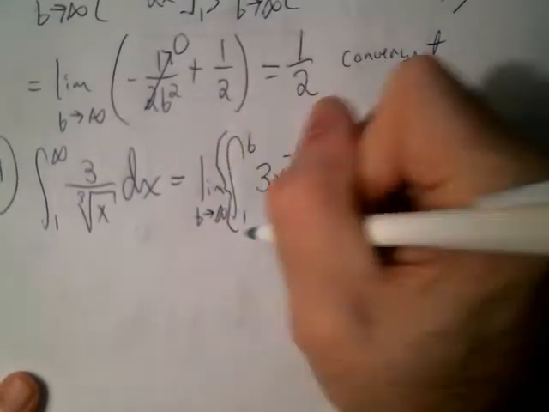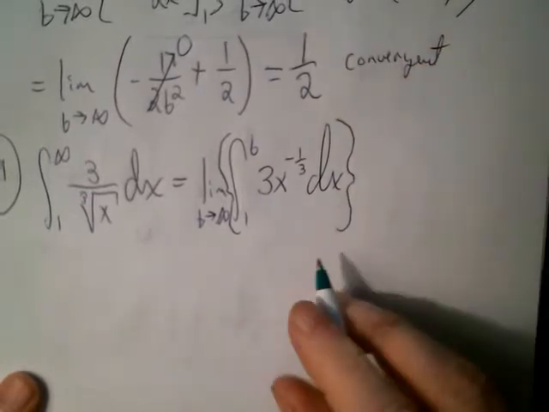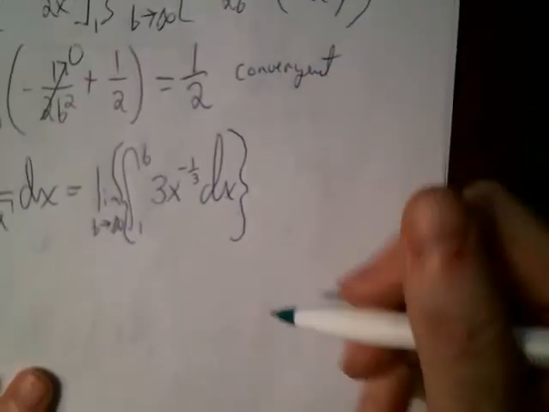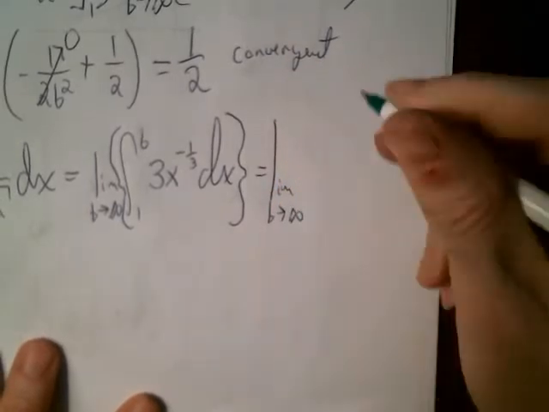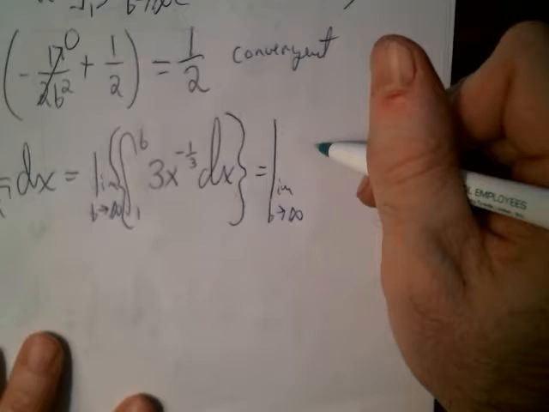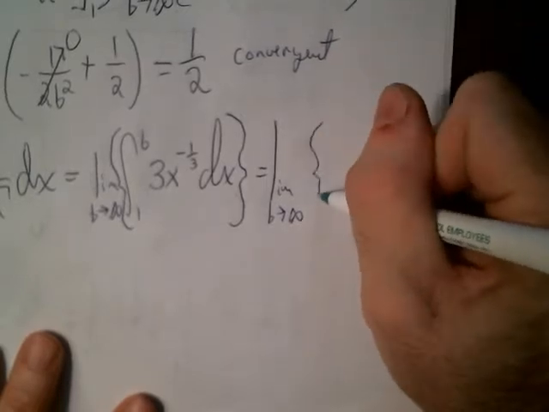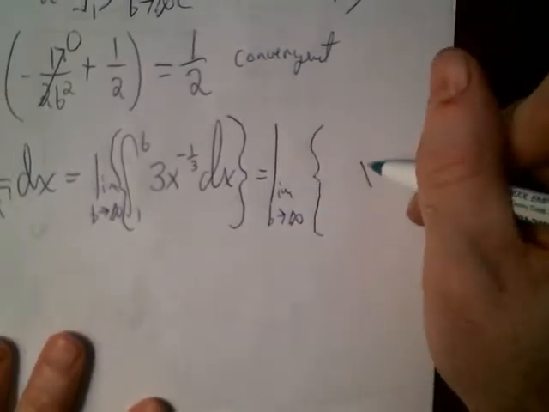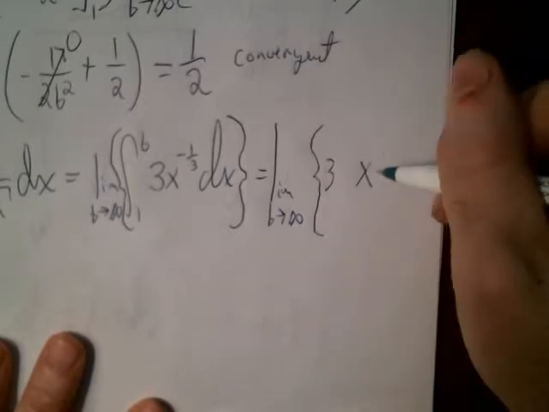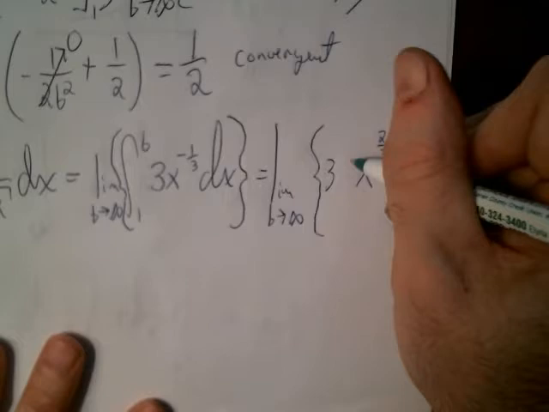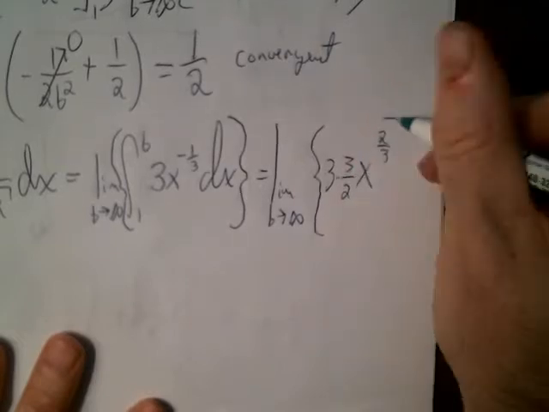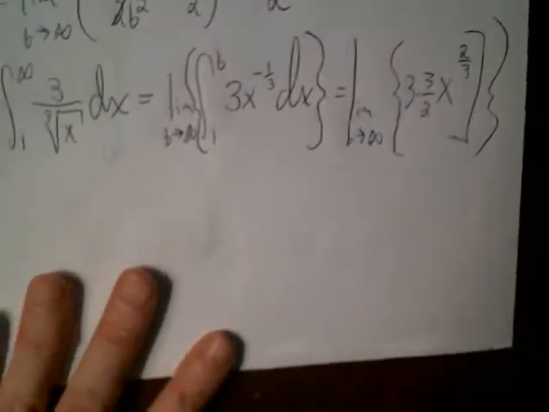And then you just figure out this integral. So the integral of 3x to the negative 1/3. We have a 3 there. X to the negative 1/3 plus 3/3 is 2/3. Dump that guy in front. Remember to evaluate.